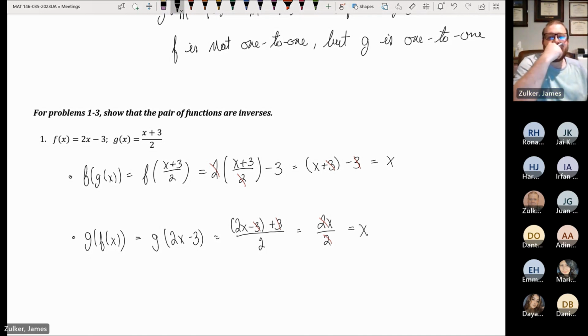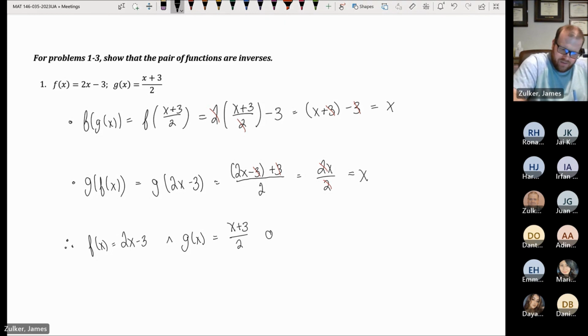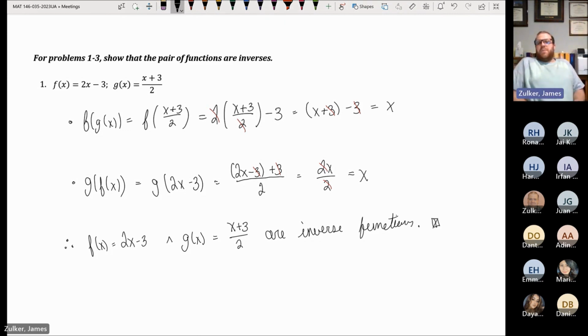Left with x. So this pair are inverse functions. Right? F is an inverse of G, and G is an inverse of F.